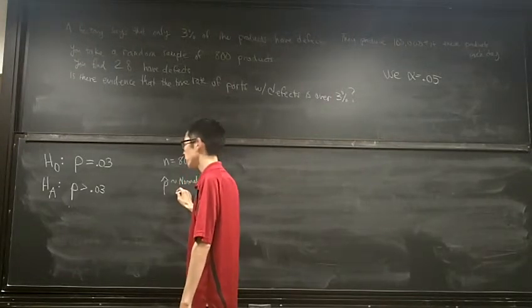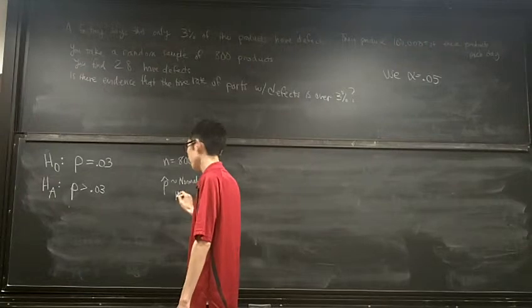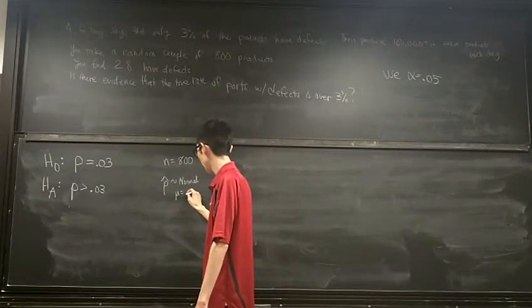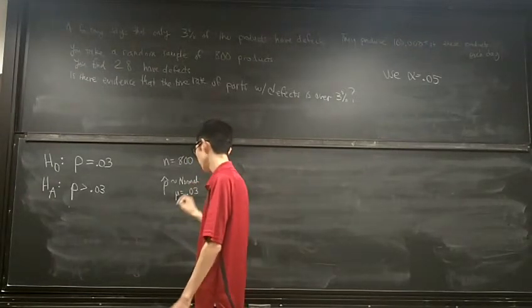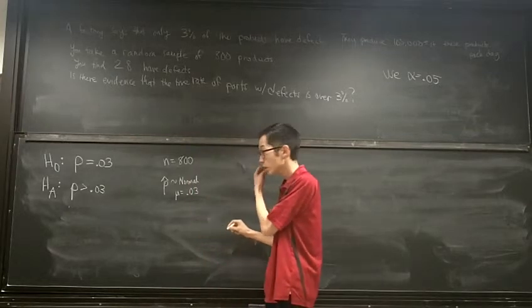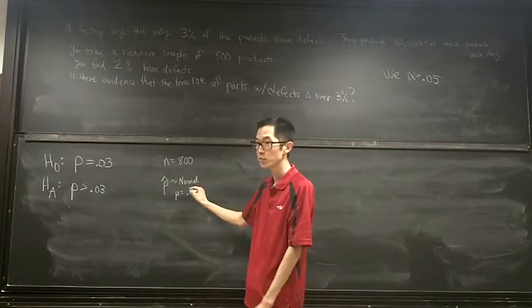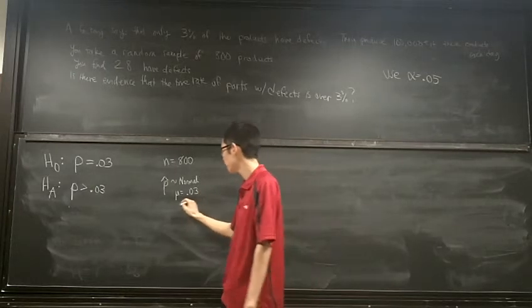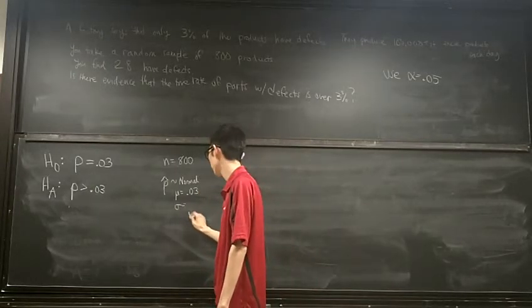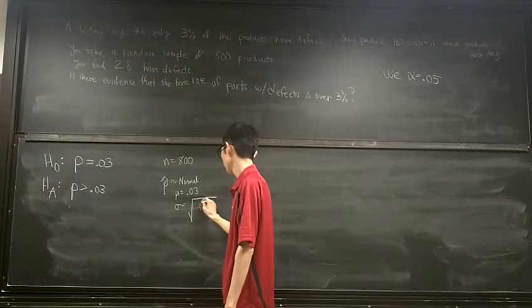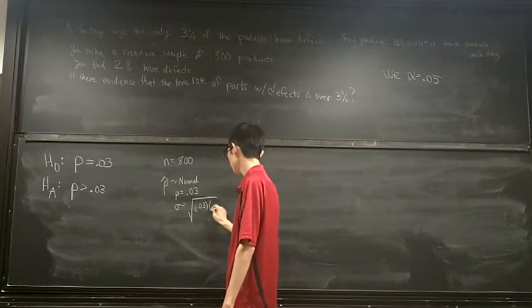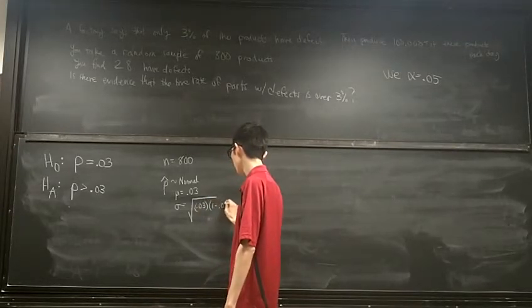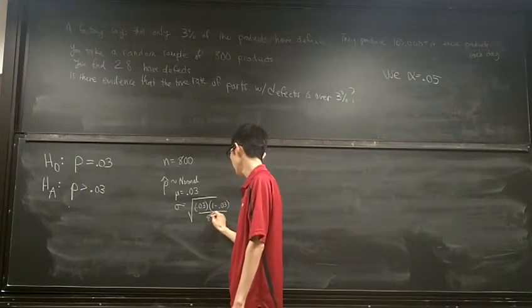And what is the mean of this normal distribution going to be? The mean is 0.03. And my standard deviation is going to be what? The square root of 0.03 times 1 minus 0.03 divided by 800.